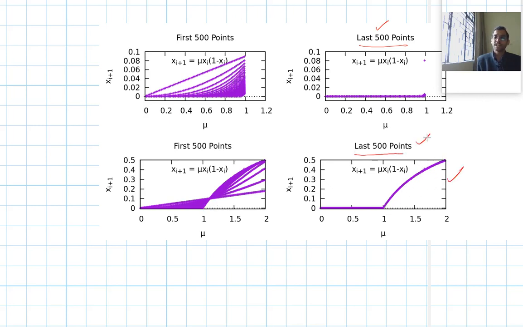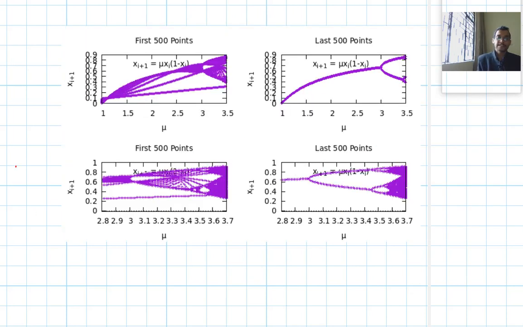This is for the last 500 points and this is for the first 500 points, and this is for up to 3.5. So no pattern will be observed.